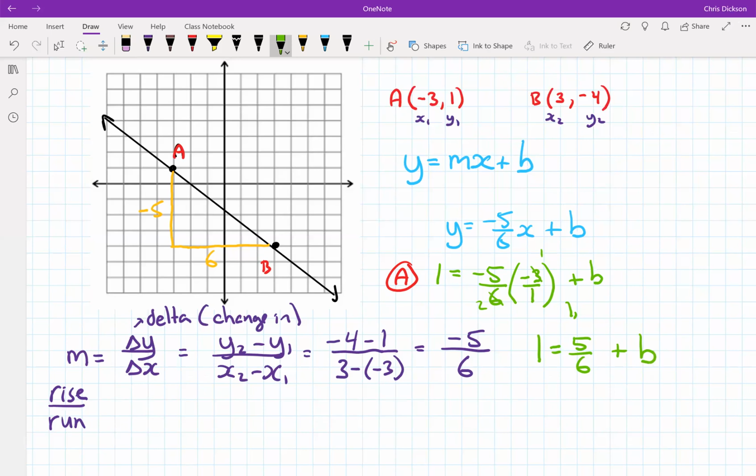Okay. Now, once again, you could subtract 5 over 6 from both sides, but I'm going to do that little shortcut where I times everything by 6, multiplying by the LCD. I'm going to bust out those fractions, okay? So timesing everything by 6. So this side would be 6. This would equal 5 plus 6b, okay?